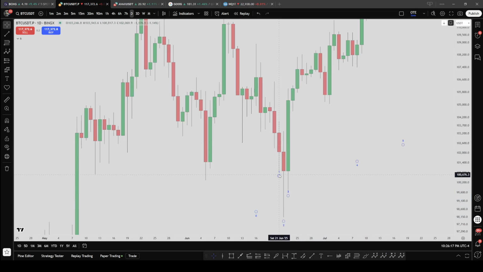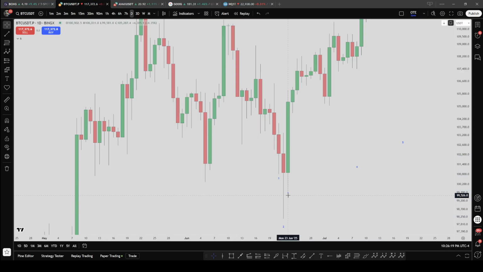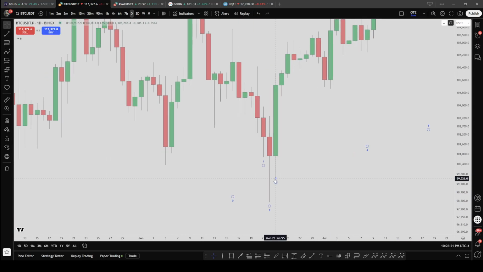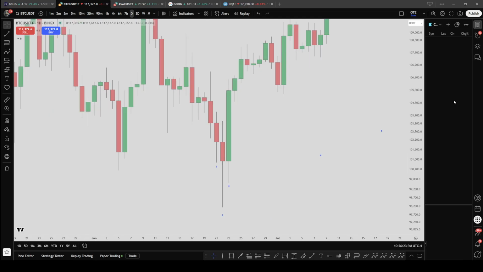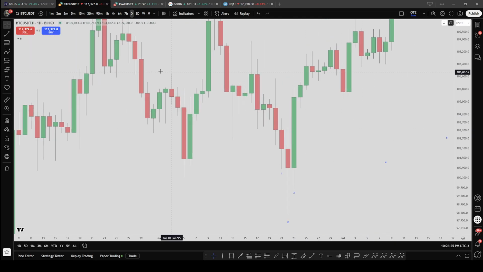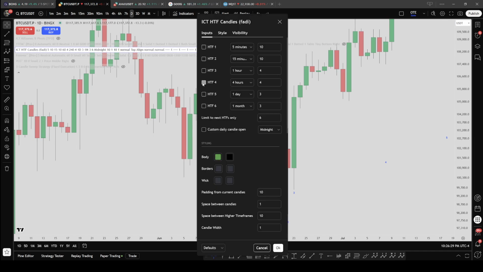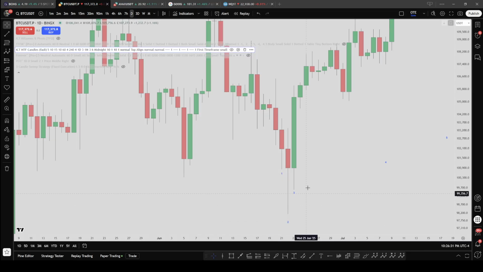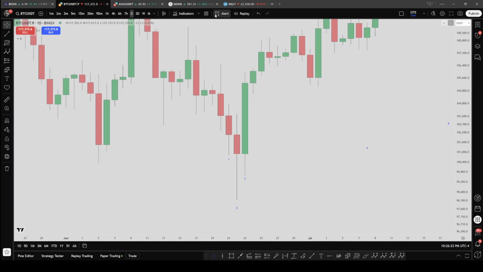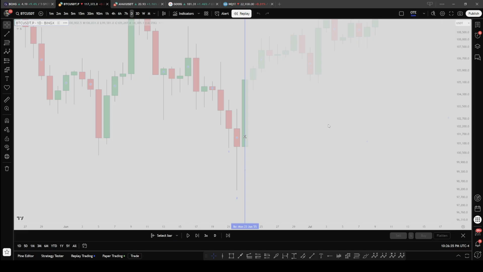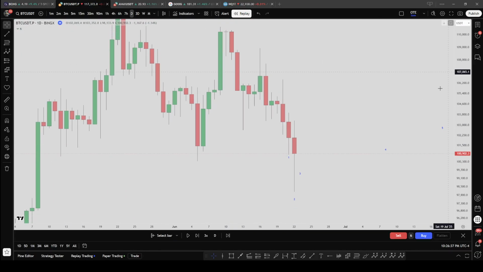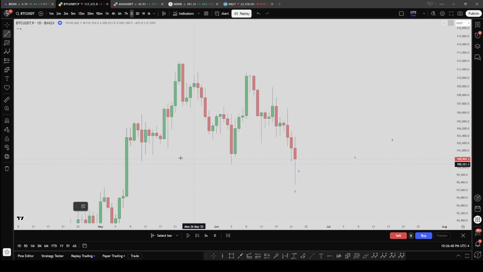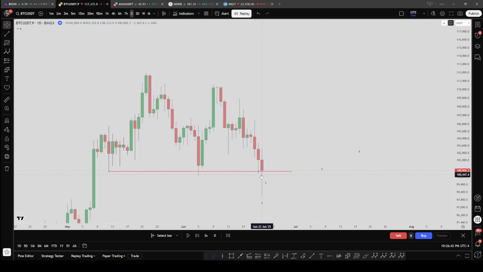So right here, we're on the daily. In this case, I'm going to say day. And then remember the thing I said, market moves in 3 phases of price, or four phases, right?